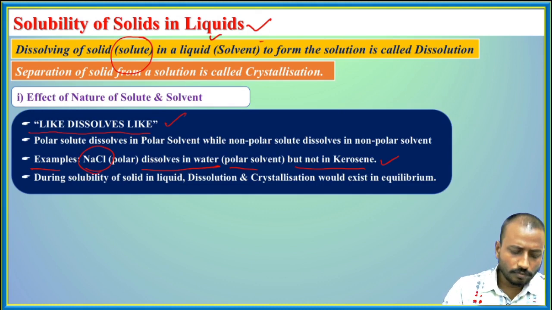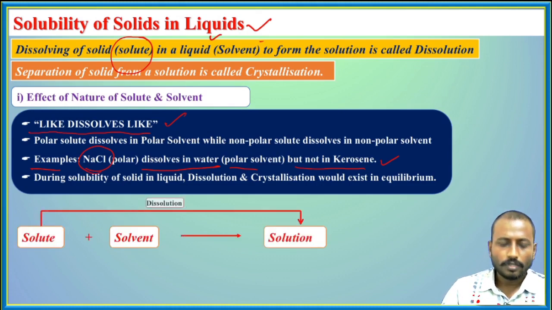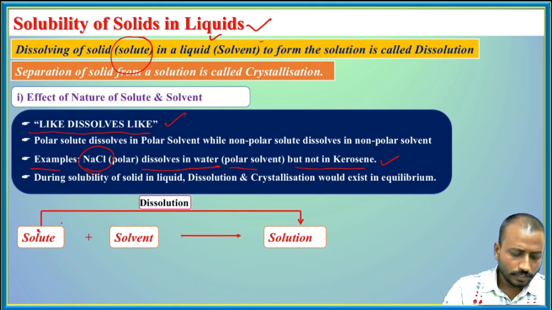During solubility of a solid in a liquid, dissolution and crystallization both exist in equilibrium. Don't think that only solid is going into solution; from the solution, solid is also coming out. When a solute dissolves into a solvent to give a solution, what is this process called?